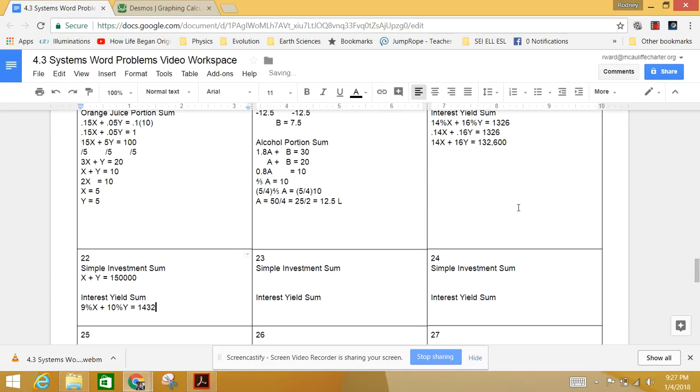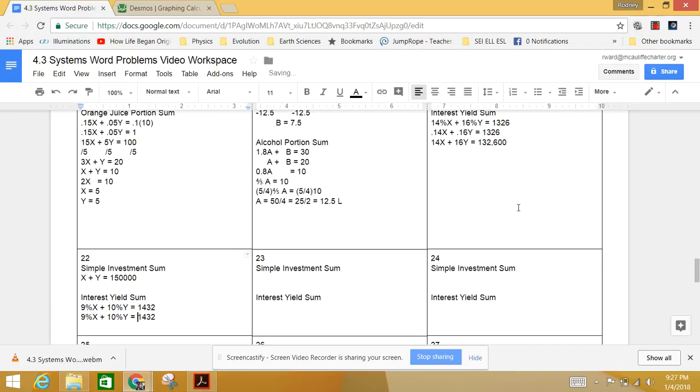And then you can rewrite the whole thing in decimal form. So 0.09, 0.1, and then we can multiply everything out to get rid of the decimals. I multiply everything by 100.